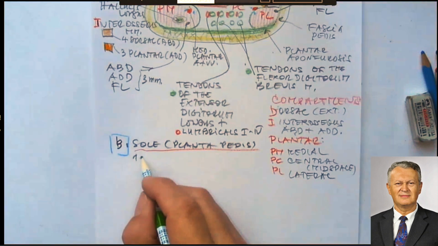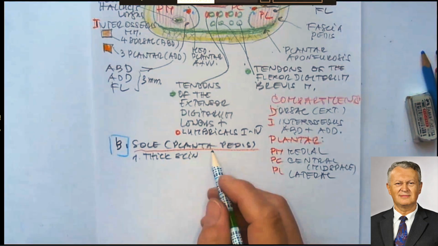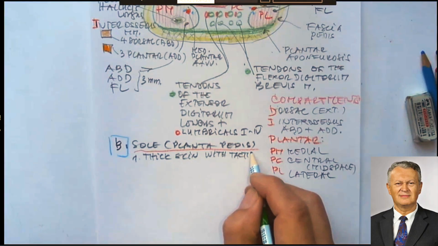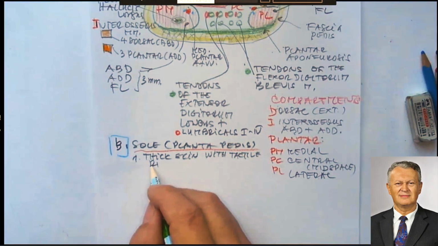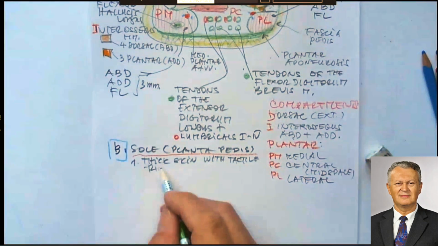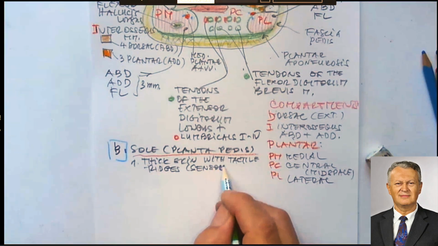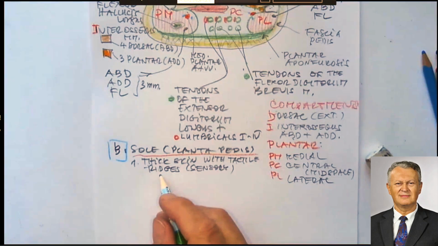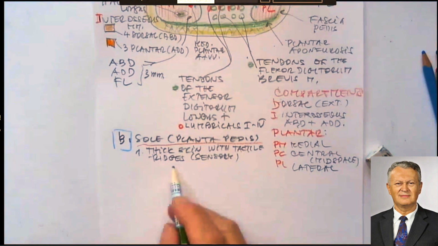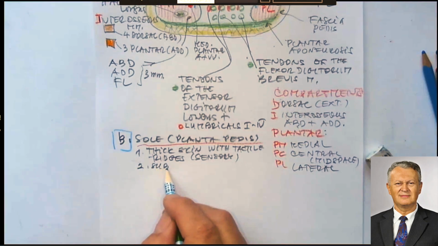There is very quickly thick skin, we said, with many tactile ridges for sensory innervation, then subcutis.